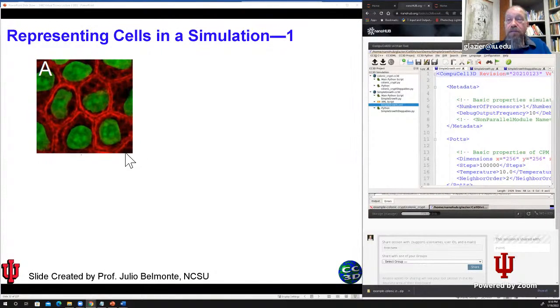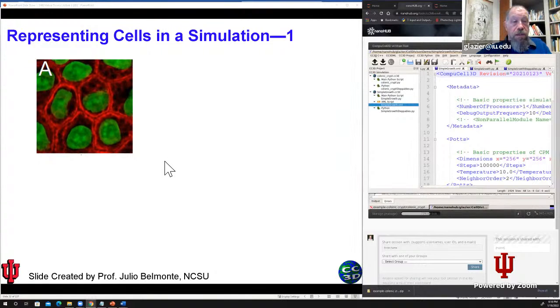They've used a stain, it looks like this may be an actin stain in red, would be my guess. And in green is probably histone stain for the cell nucleus.